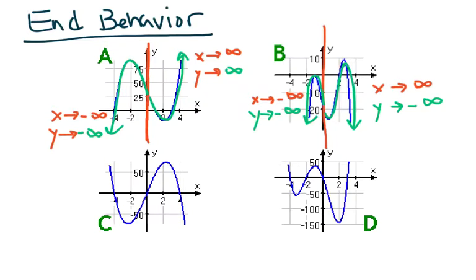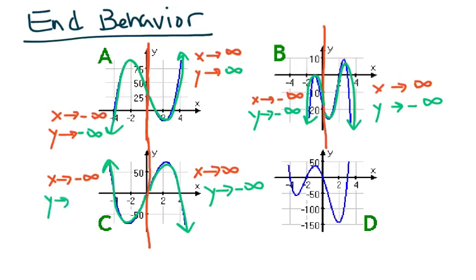The next one, C, I'm going to cut it in half. I'm going to write x approaches infinity on the right. I'm going to write x approaches negative infinity on the left. On the right-hand side, the graph seems to be going down. That's negative infinity. And on the left-hand side, the graph appears to be going up.